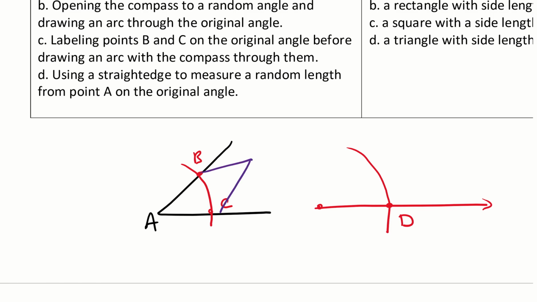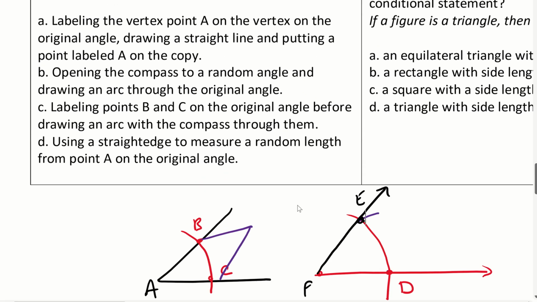And you're going to take that reading and put the compass here, and then draw an arc with that measurement. X marks the spot, we'll call that E, and we'll call this F. And so now you can draw that with a straight edge. Okay, and that's how you would copy the angles.